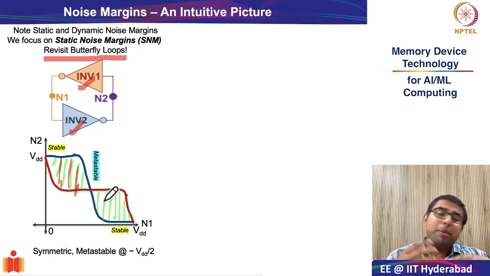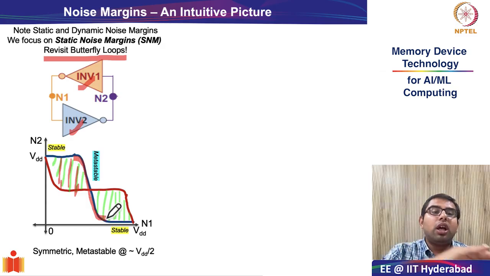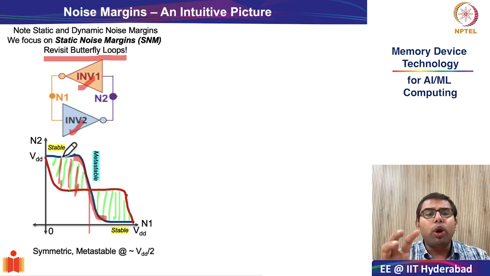For symmetric or balanced inverters, the strength of the NMOS and the PMOS is the same. And that is why the metastable point or the transition point was roughly at VDD by 2, at half. This was because the strength of the PMOS and NMOS was the same. And therefore you got very beautiful big butterfly loops, which were giving you a lot of noise margin.